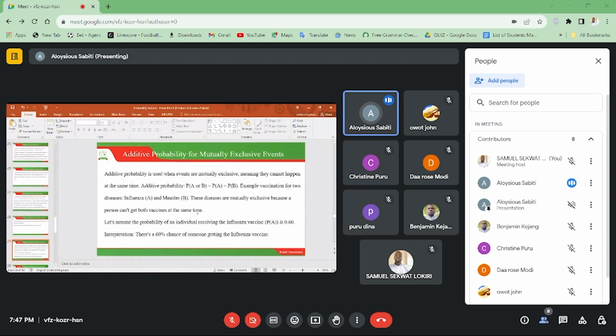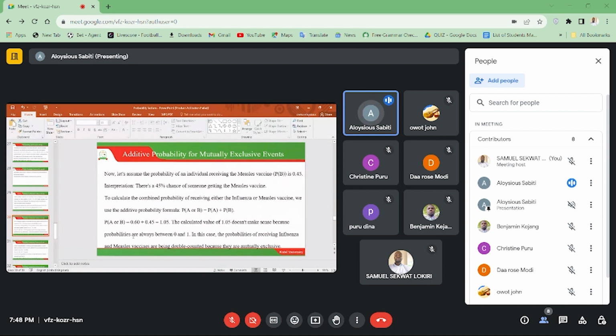So, assuming that the probability is about 0.6, meaning that there is a 60% chance of an individual getting the influenza vaccine, and then let us assume that the probability of an individual receiving the measles vaccine, which is the probability of B, is about 0.45, meaning the measles vaccine.